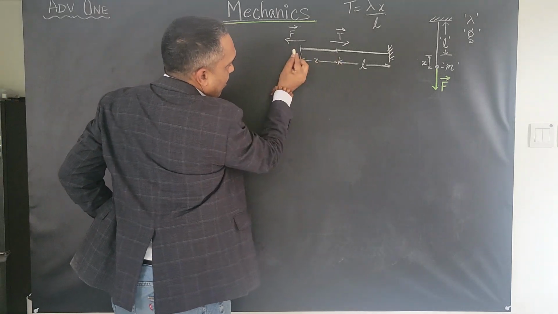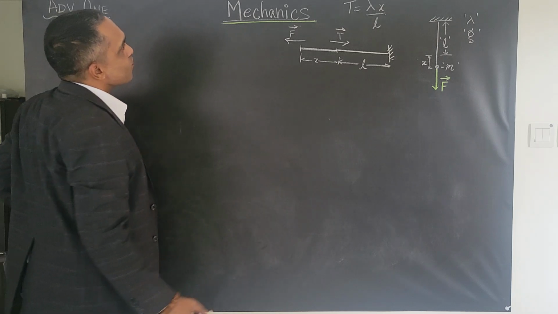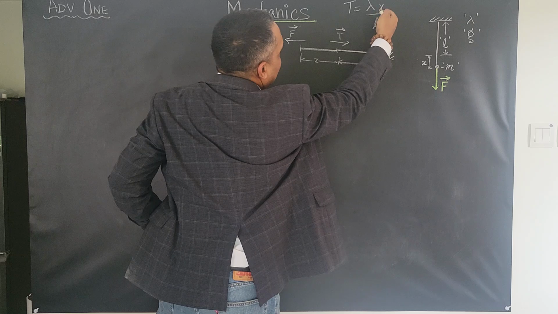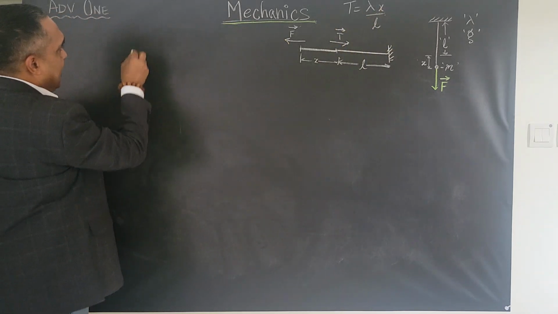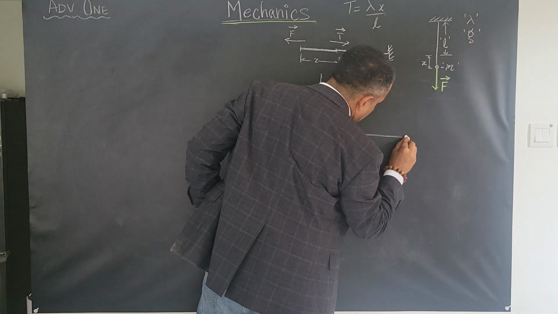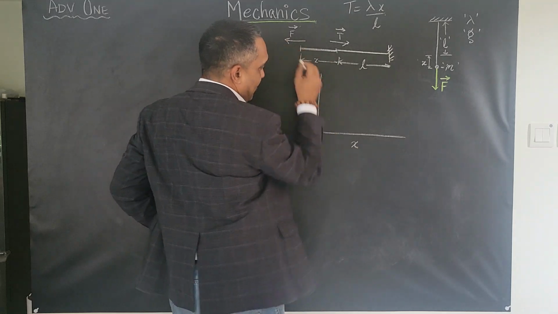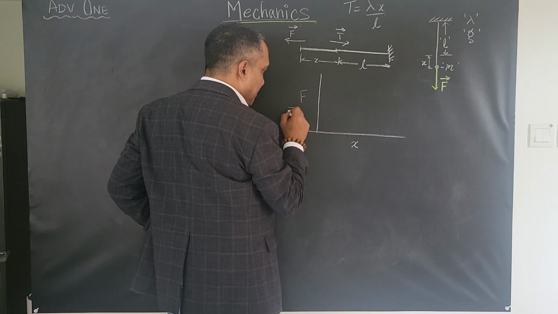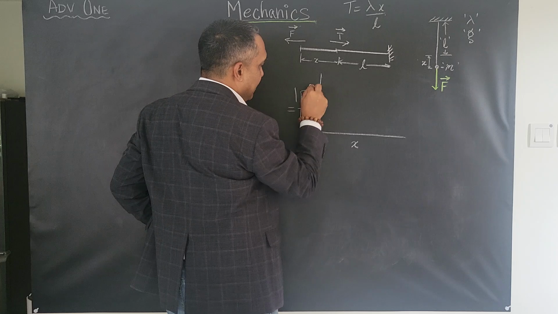So from here to here, my force has done some work. But as I'm doing that, because T is a function of x, you can see it's increasing. So it's almost like saying, if I went to my favorite graph and said this is x, and if this is the force, which is of course equal to T, because they're equal and opposite, so the magnitudes are equal.